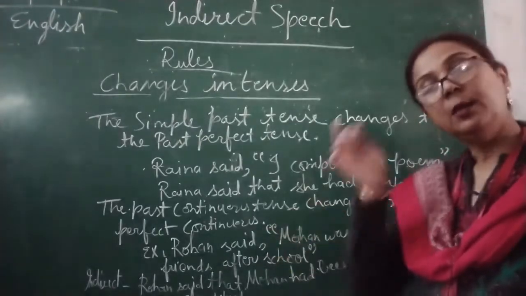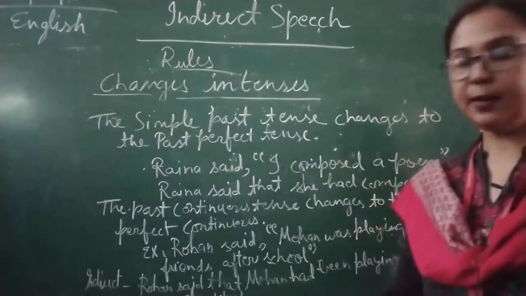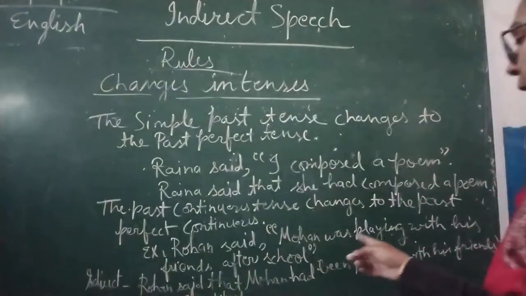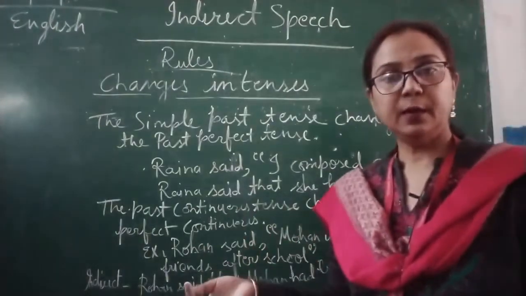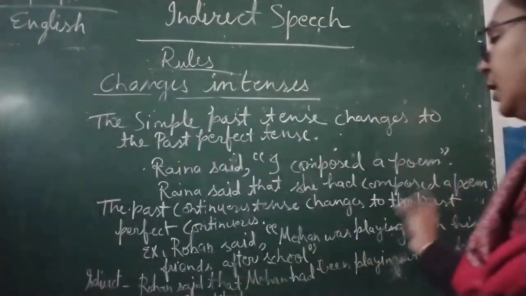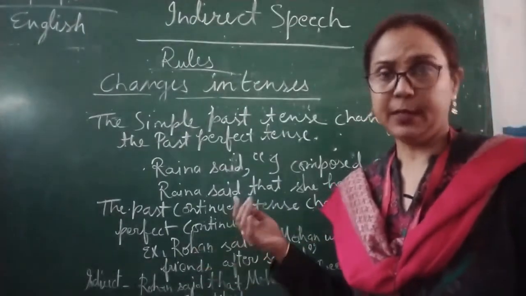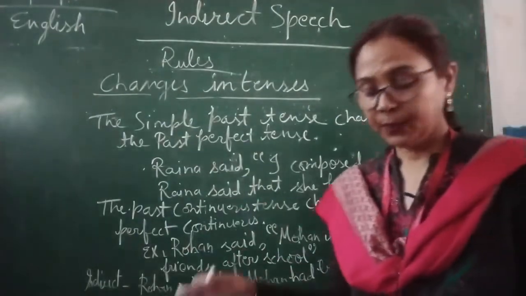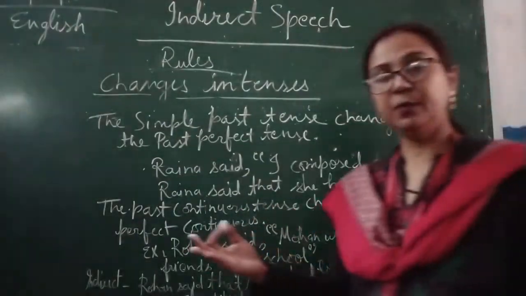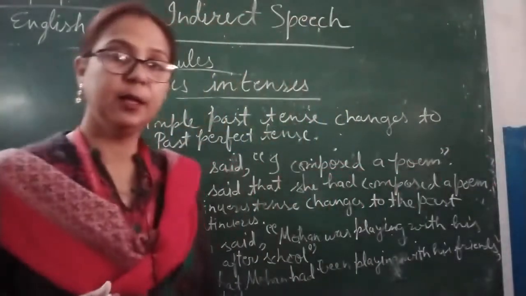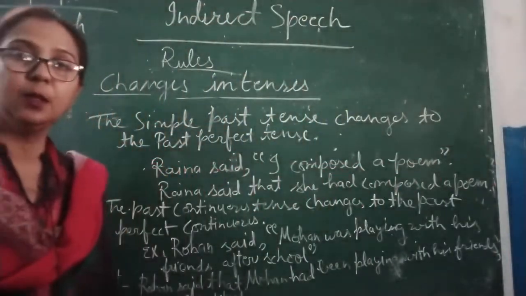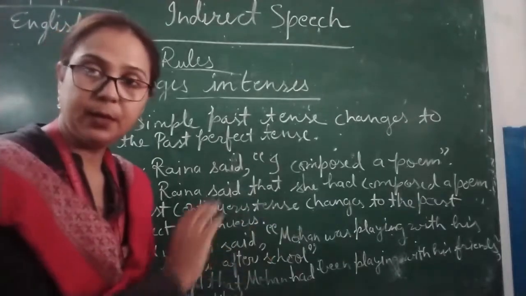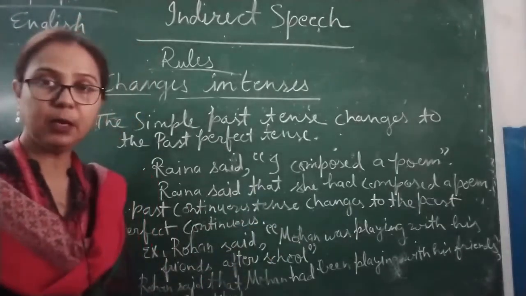Now you can make more examples. Rita said Sita was cooking the food with her mother. And you can change it in indirect speech to past perfect continuous tense. So what will we write? Rita said that Sita had been cooking with her mother. Okay, that way it will be used.